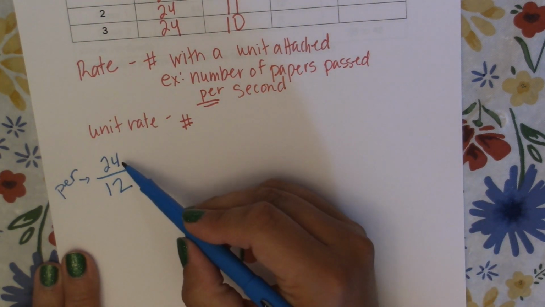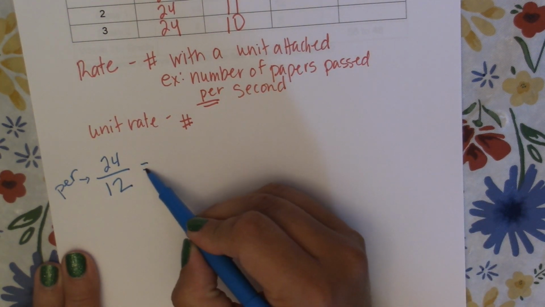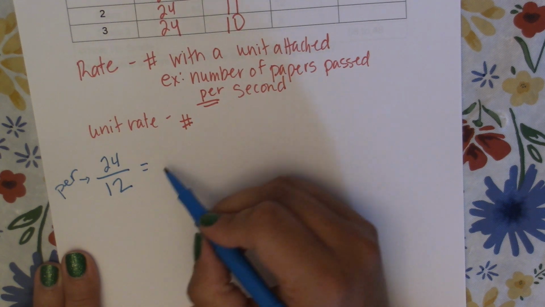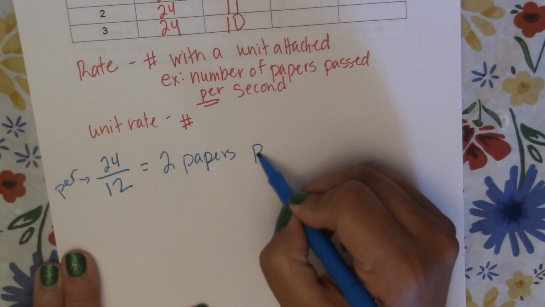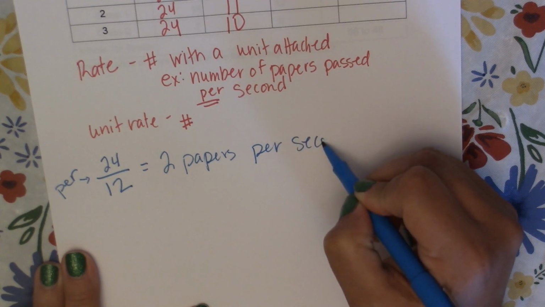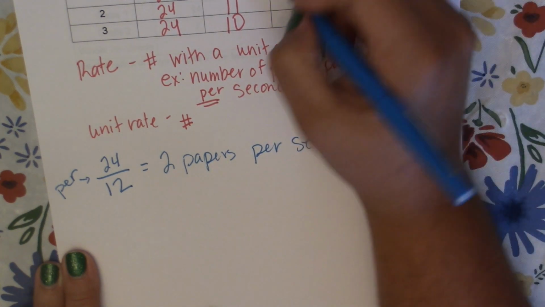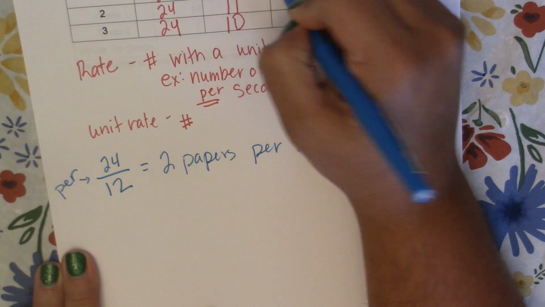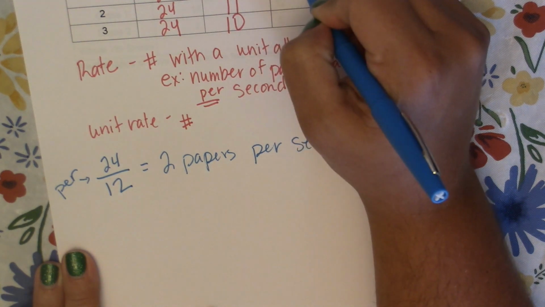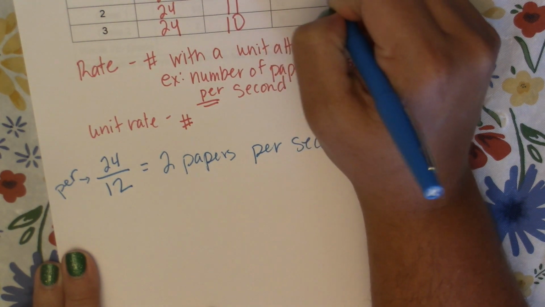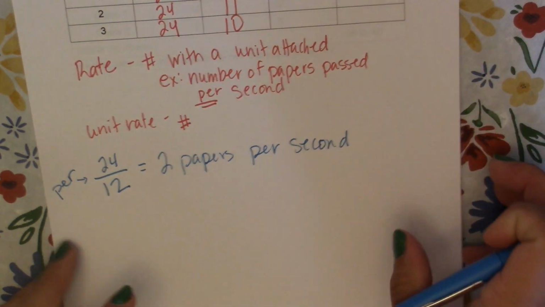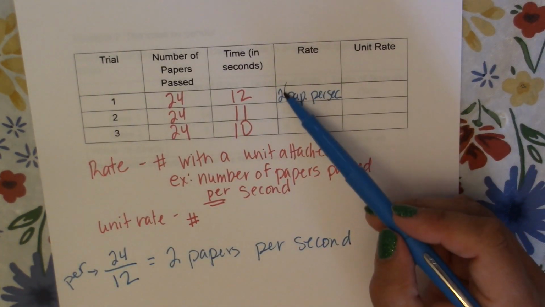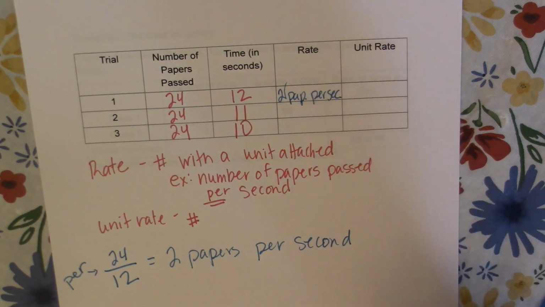If we divide or simplify this down, we get 2 papers per second. That's what I would write up here in my box. I'm going to abbreviate so it fits, because my box is really small. You might make that box a little bit bigger on your paper when you copy it down.